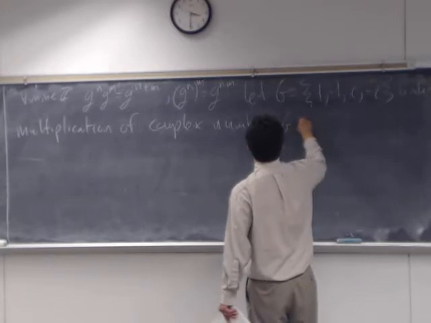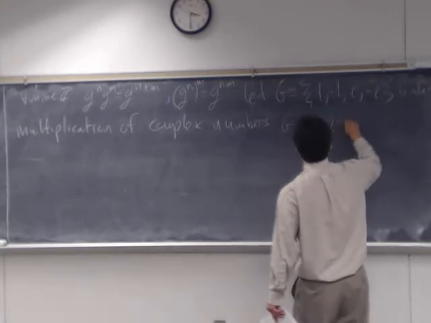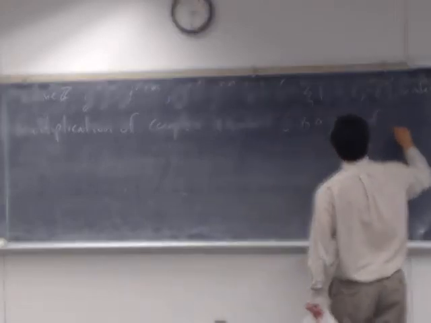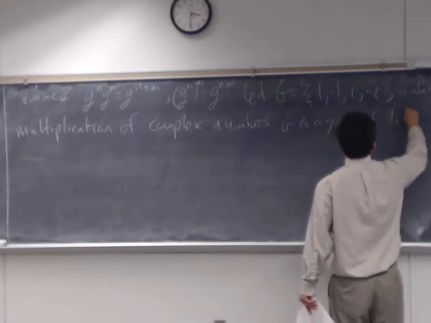One can show G is a group of 4 elements.